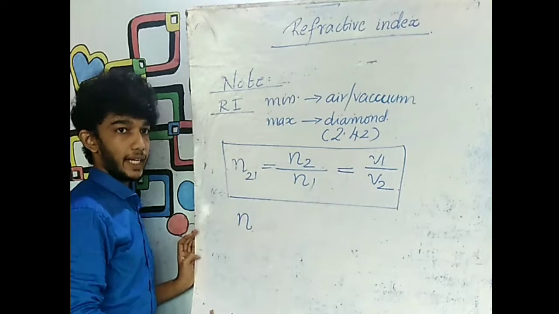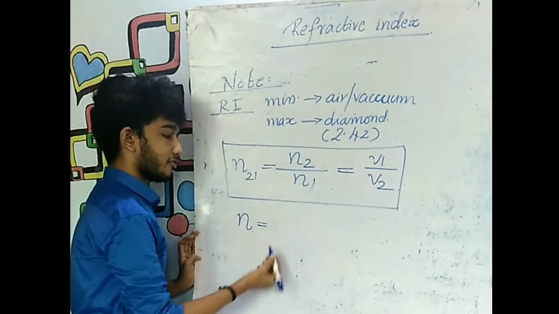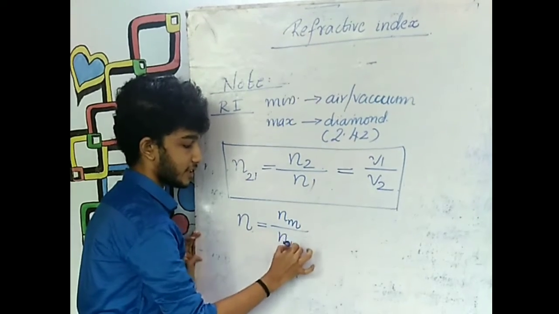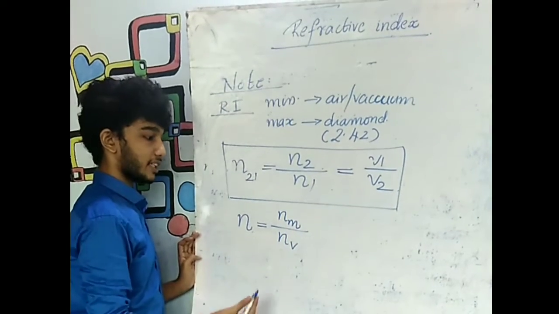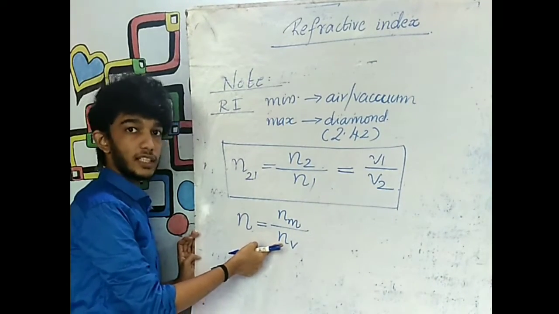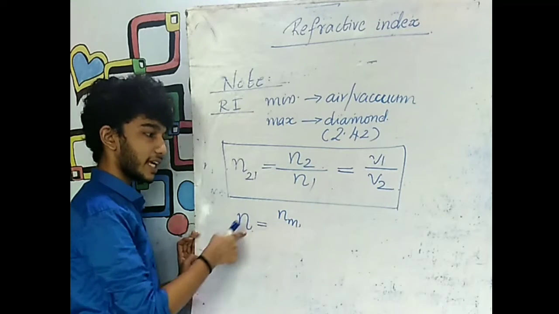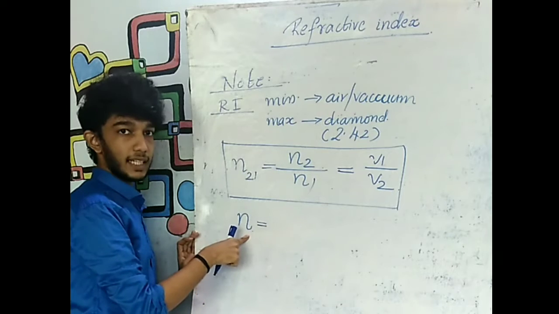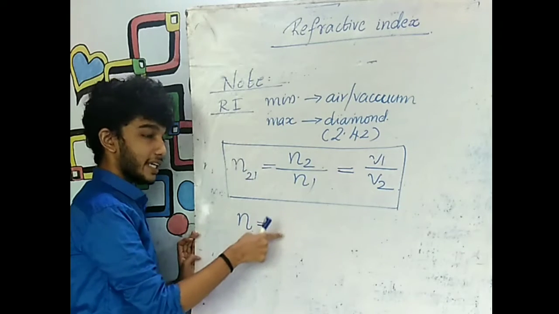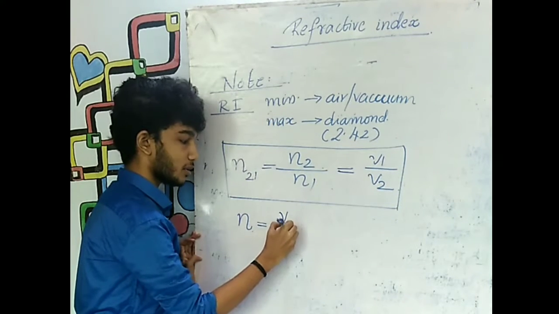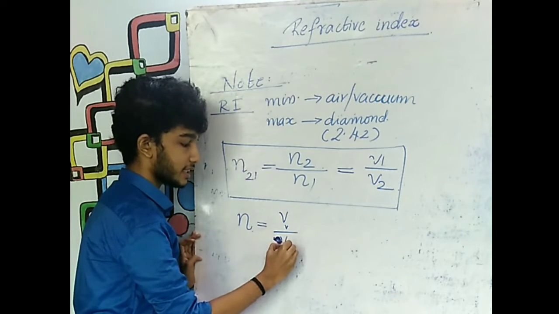Let it be n. What is nm by nv? Refractive index of that medium divided by refractive index of vacuum, that is absolute refractive index. Here the refractive index of vacuum is 1, so we need not take that into consideration. So nm by nv will be equal to velocity in vacuum divided by velocity in that medium.